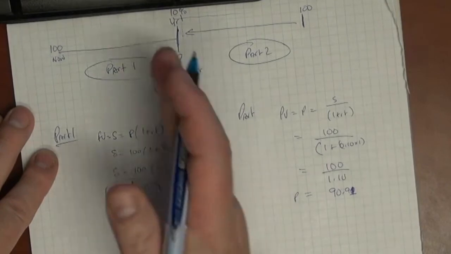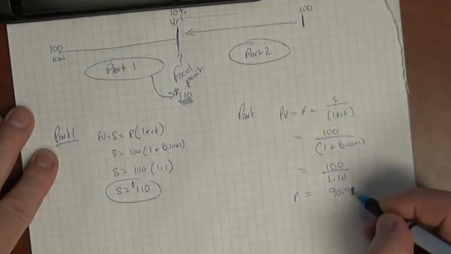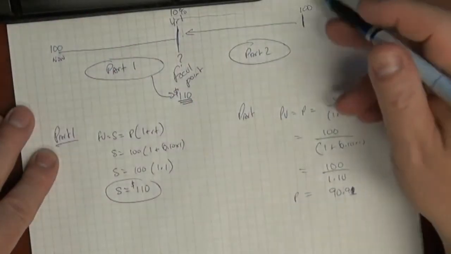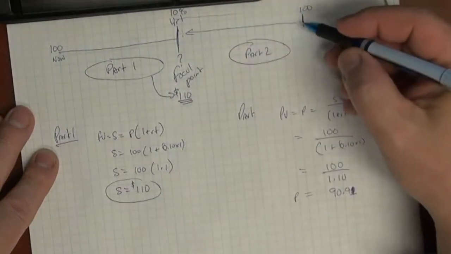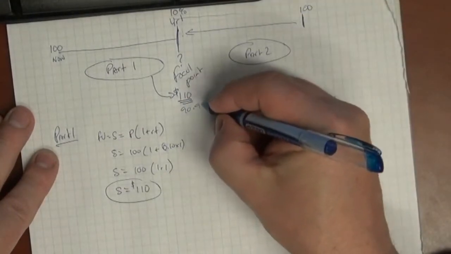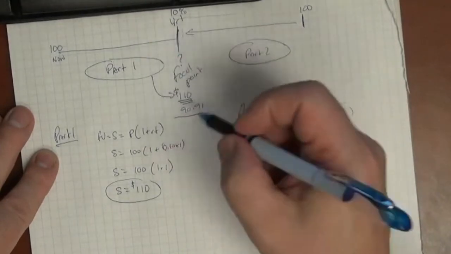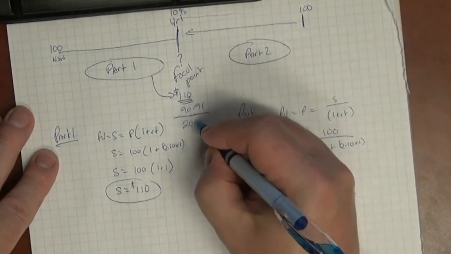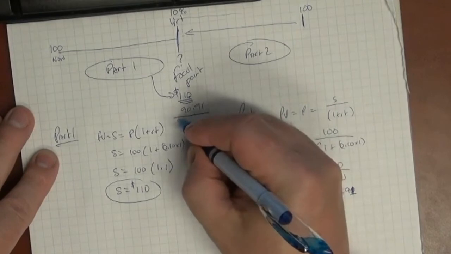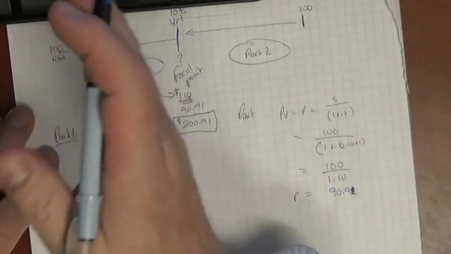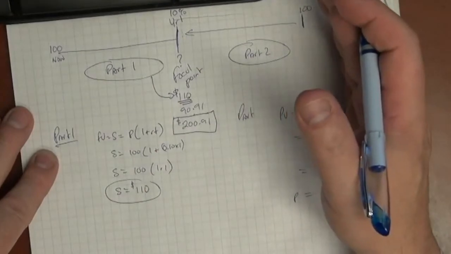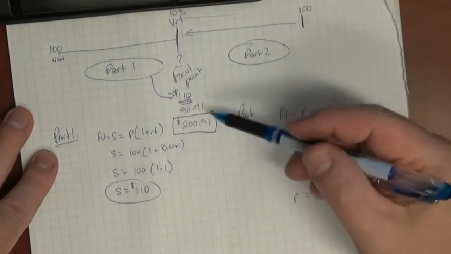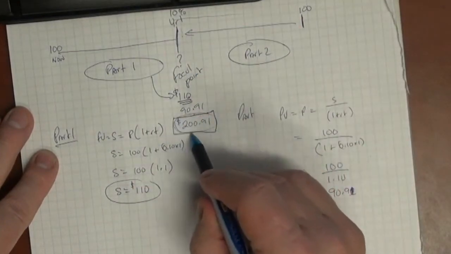So essentially we've got two amounts. This $100 is worth 110 here, and the $100 that we're promised in 2 years' time, which is 1 year from the perspective of the focal point, is 90.91. So we would accept an equivalent value of 110 plus 90.91, which is $200.91. In other words, those two values, the $100 put in the bank now and the $100 promised in 2 years' time, at year 1, our focal point, that whole lot is actually worth $200.91.